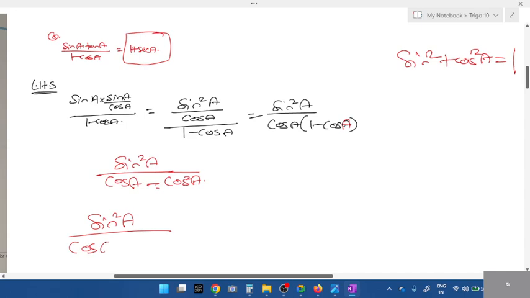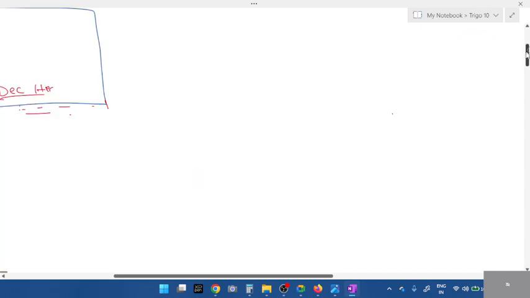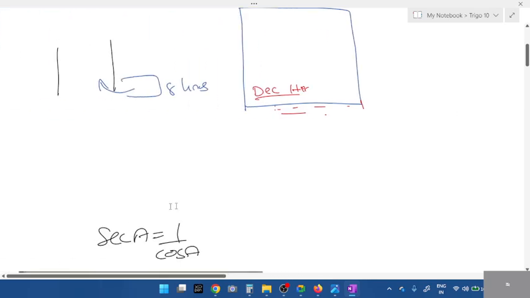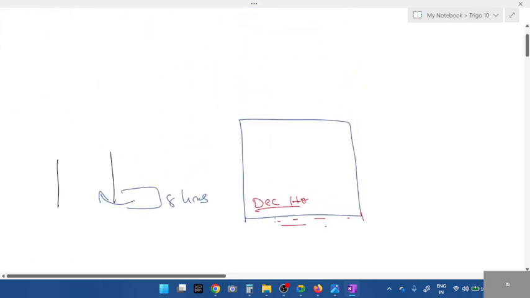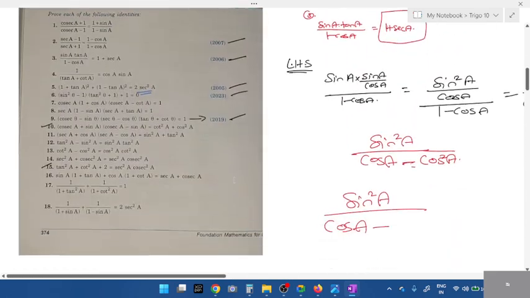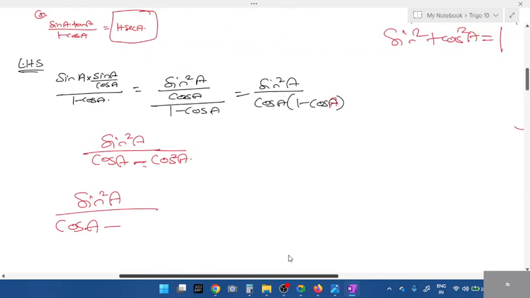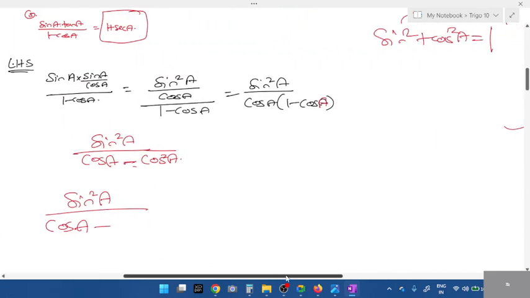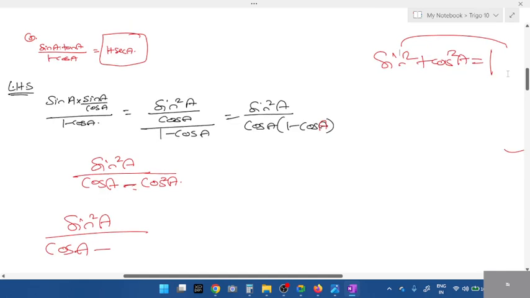In place of cos square A, if it goes to the other side, it becomes 1 minus sin square A, students.